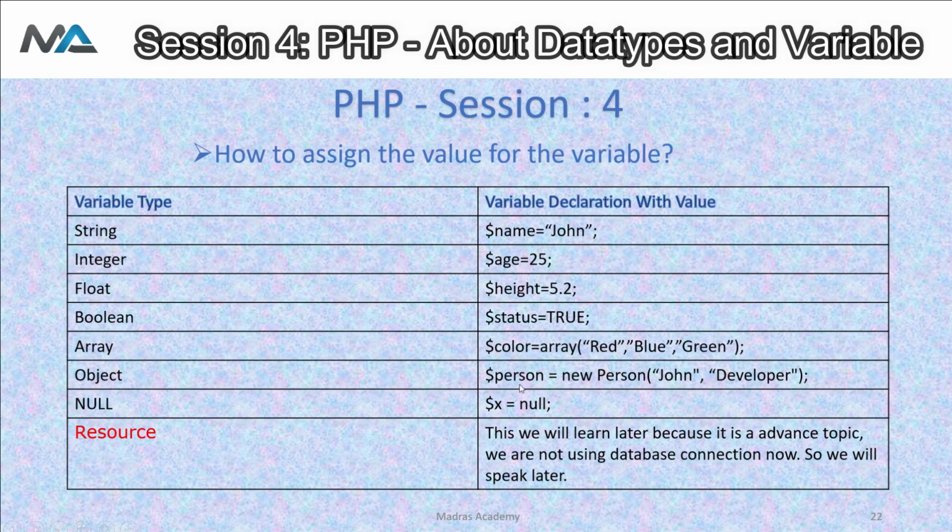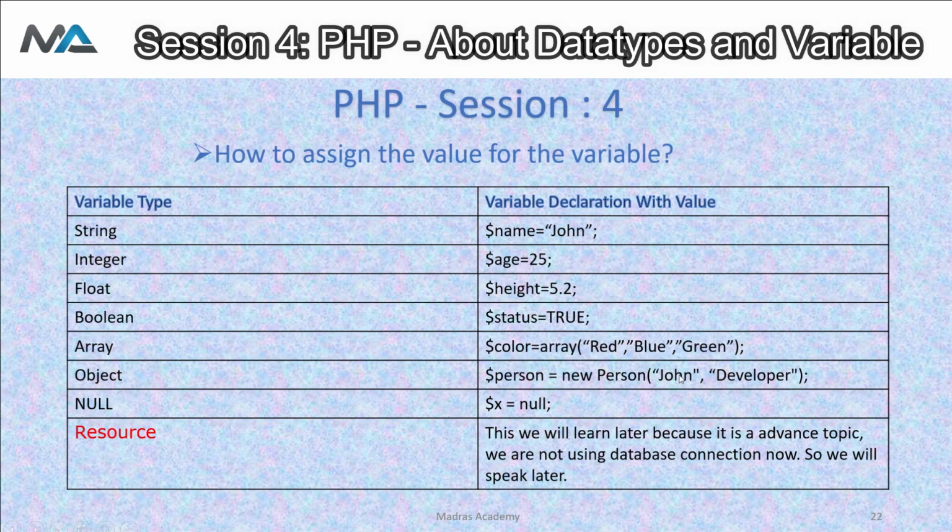I will tell you how to create the class syntax and all later. I have not written it here, I'm just creating the person class object like this, and if that class has a constructor, we need to pass the argument value for that constructor.